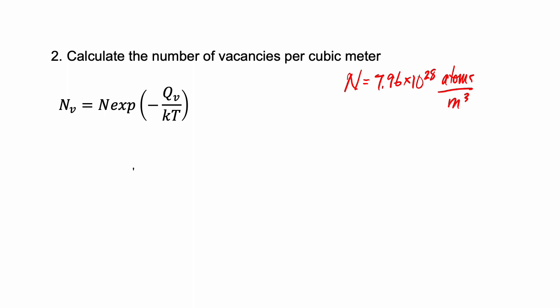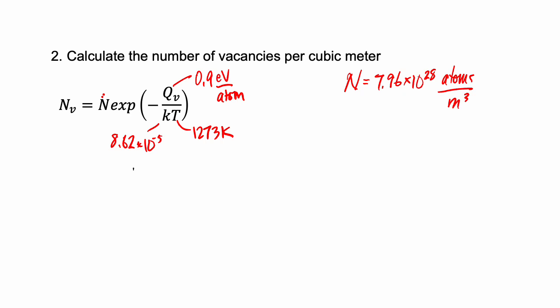So that's this N. We're given Q sub V was 0.9, I believe, electron volts per atom. T was 1273 Kelvin. And K, 8.62 times 10 to the negative 5.